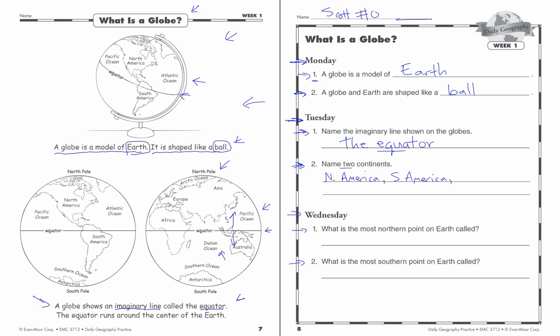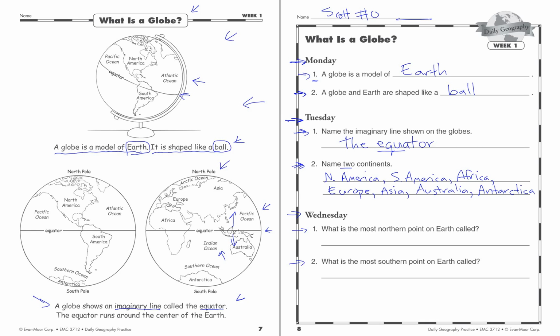Another one is Africa, Europe, Asia, Australia, and then the last one that I'm going to write is Antarctica. And I always have a hard time spelling Antarctica. This does have the C there. Antarctica. So we have 7 continents.